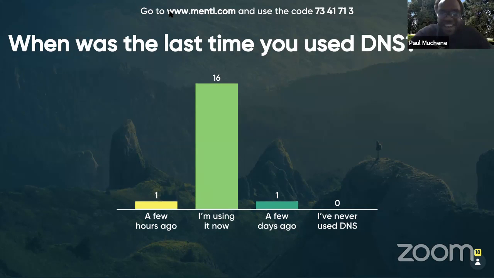So I may have given away the answer. No worries, but generally we have come to rely on the DNS, and without it, most of what we're doing today would not be possible. Our online experience would be very different.